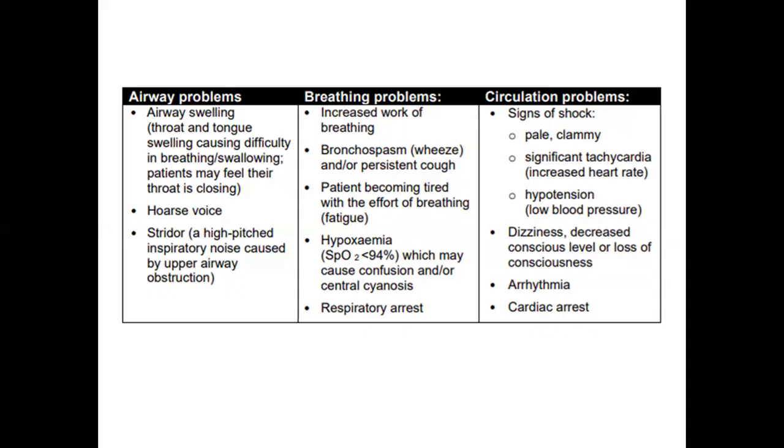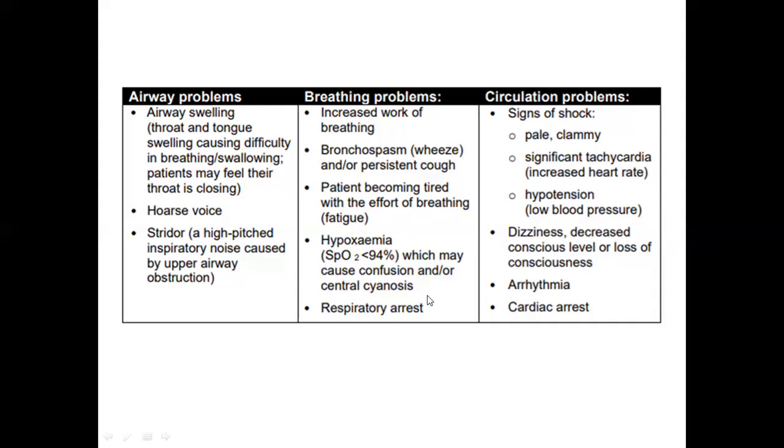So what are the airway features we are looking for? Airway swelling, sometimes tongue also, that can be taken as airway also. And hoarse voice, stridor, breathing problems, SOB, bronchospasm and wheeze. The patient is becoming tired and dyspneic, with hypoxia without any other features.